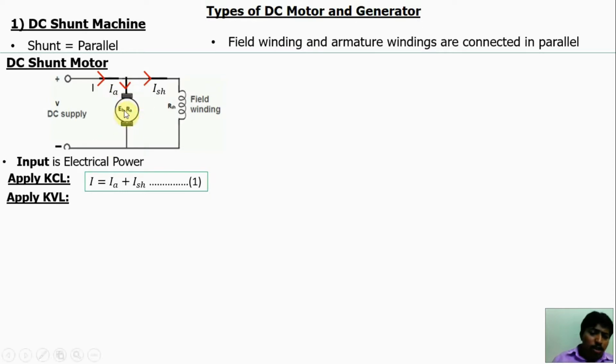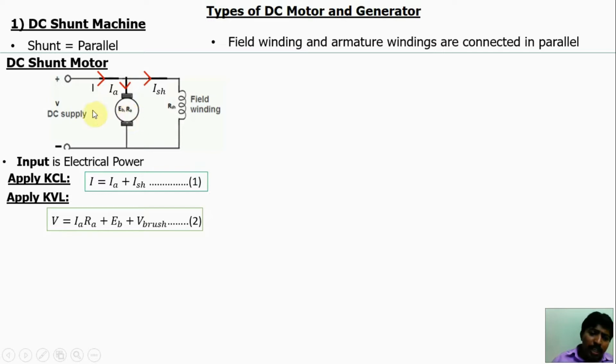Second, apply Kirchhoff's voltage law. In the armature, brushes are connected, so there will be a brush voltage drop. There is also an armature resistance, so there is a drop by the armature resistance. Applying Kirchhoff's voltage law in this loop, we get V, the applied voltage, is equal to the drop Ia Ra across the armature resistance, plus the induced EMF Eb, plus the brush drop.